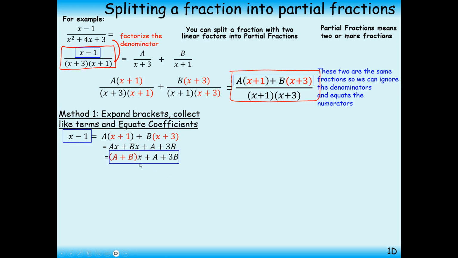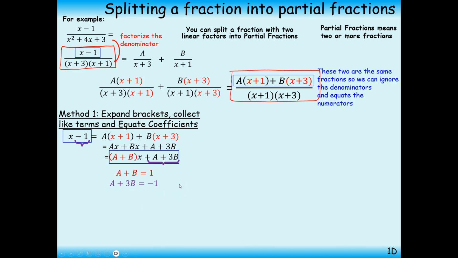The coefficient of x on the right is a plus b, and the coefficient of x on the left, although you don't see it, is an invisible 1. So a plus b is 1, and the constant on the right is a plus 3, and the constant on the left is negative 1. Therefore, they have to match as well.